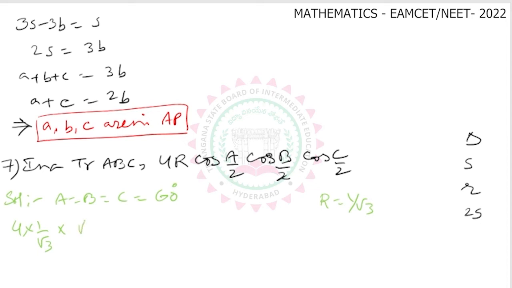Cos 30 is root 3 by 2, so root 3 by 2 into root 3 by 2 gives 3 by 4. The 4 cancels, root 3 cancels. So, what is the answer? I am getting 3 by 2. So, 3 by 2 is nothing but your S. So, my answer is the second option.